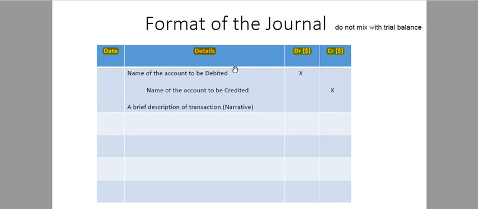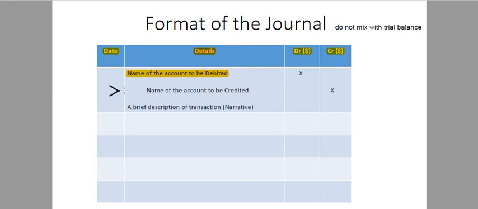Now in the details column, the first thing, which is along the margin on the left, is the name of the account to be debited. So you will read the transaction, see which is the debit account there, and put it first. Then in the second line you will indent it a bit. Let's show you the indent first.